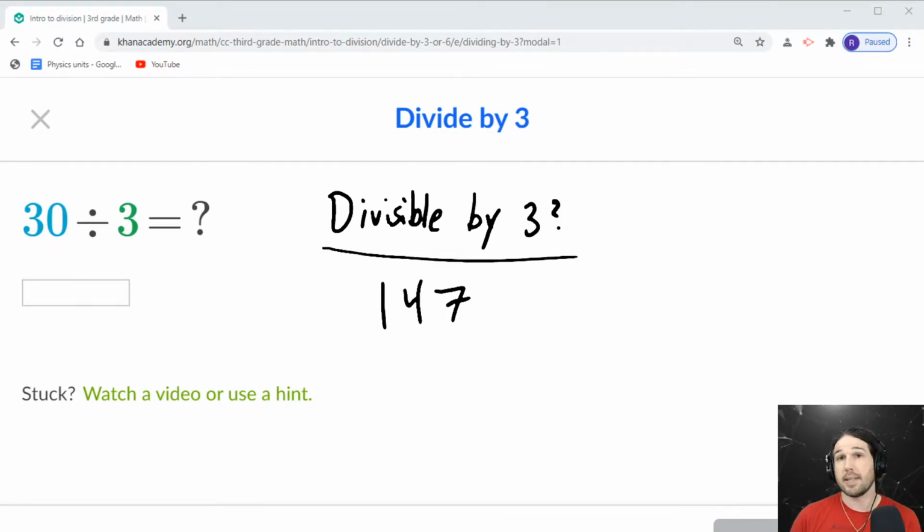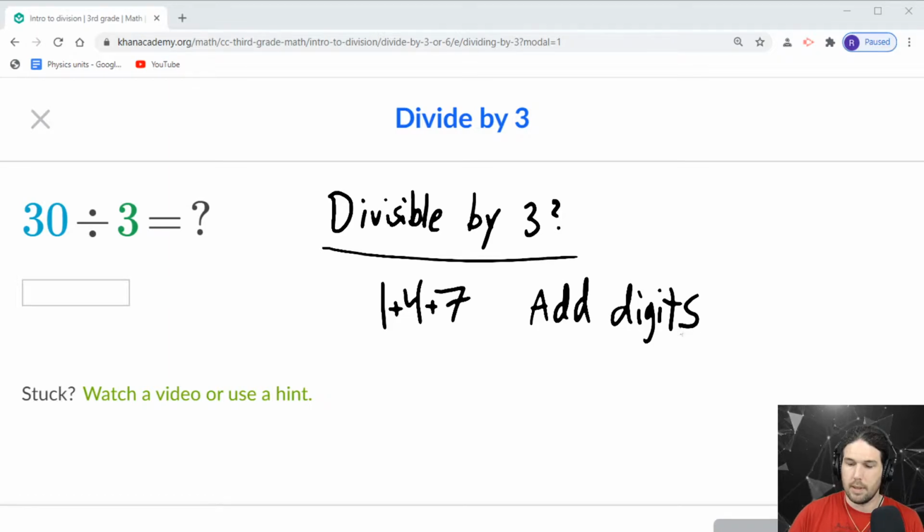The way to tell if it is evenly divisible by 3 is to add the digits up, and find out, is the result a multiple of 3? 7, 8, 9, 10, 11, 12. 12 is a multiple of 3.